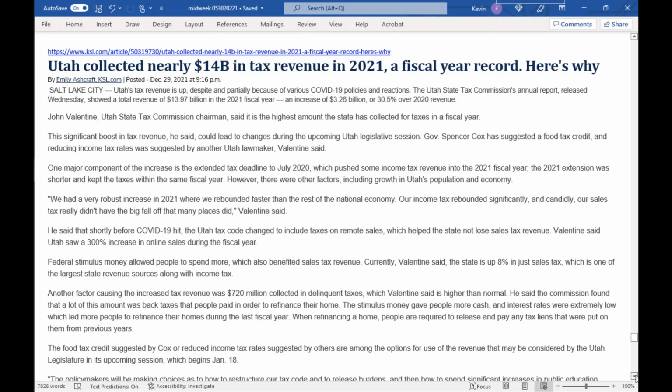To my explanation as I read through this, it's justifying the stimulus packages, which is just bull crap. It really is absolute bull crap. But they're giving that, hey, 2020, when they collected their tax revenue in 2021, the most taxes ever in our state. And it's because people had free cash flow.